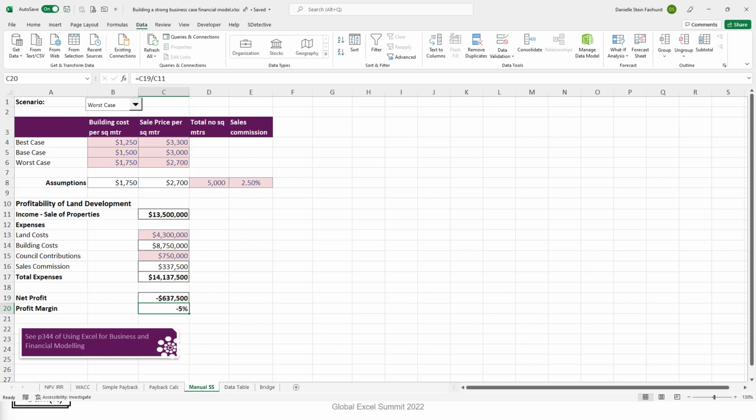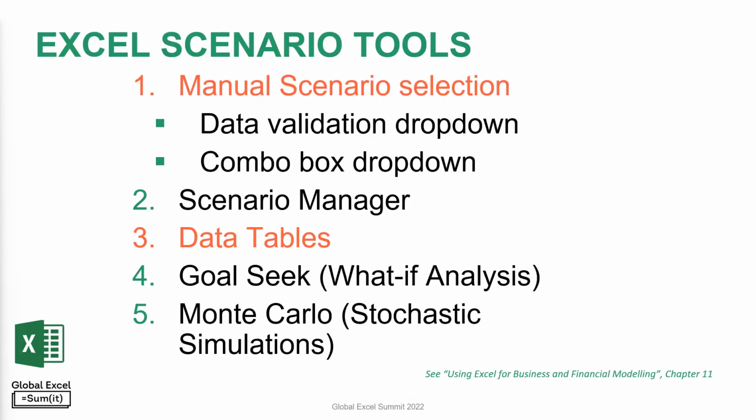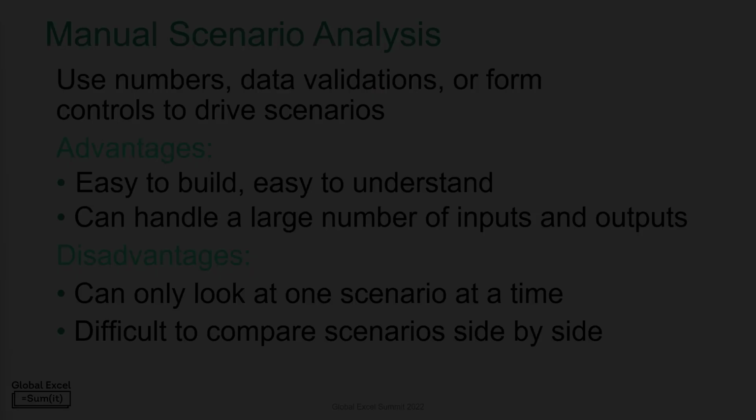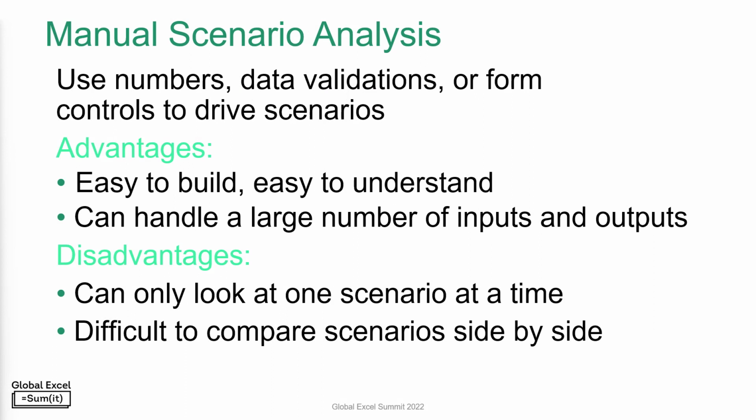This is a really common method of scenario analysis. It's probably the most common way, and certainly the easiest, making it so that the user can manually flick between them.